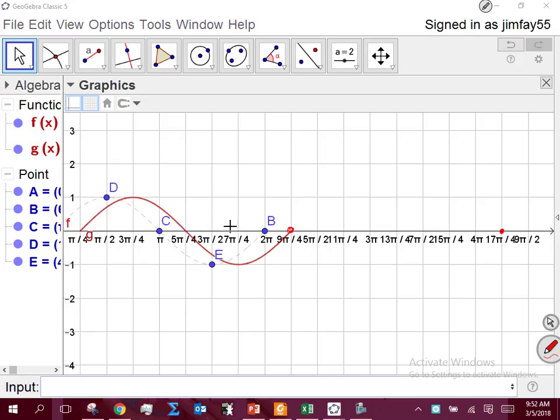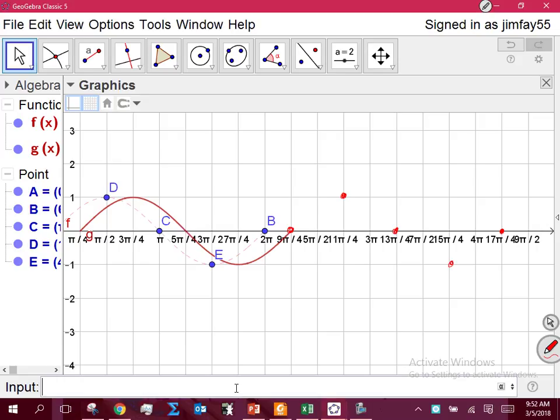Okay. Now the way I've got this set up is that halfway in between, I should pass through the x-axis again. Halfway in between this interval, I should be up at my maximum. Halfway in between this interval, I should be down at my minimum. And then if I graph the sine of x minus pi over 4, does it pass through those points?